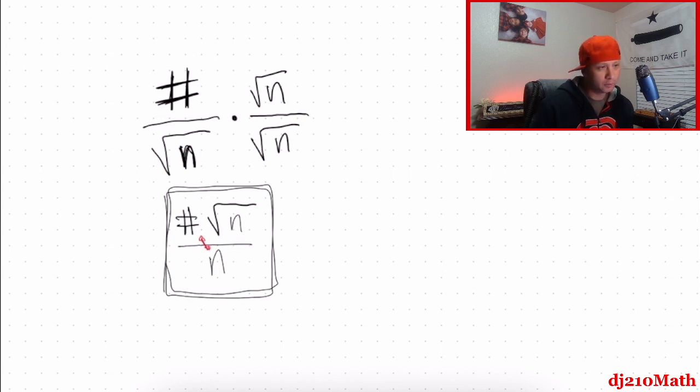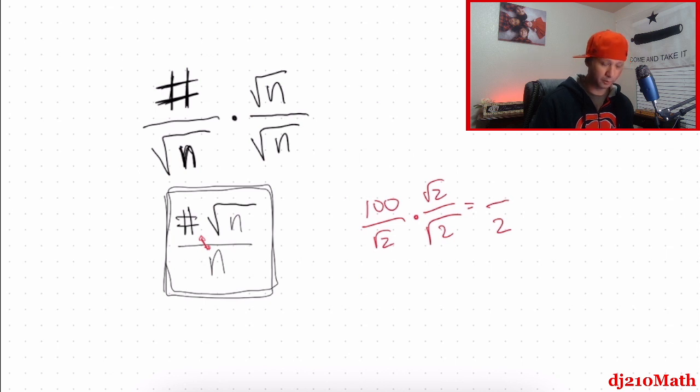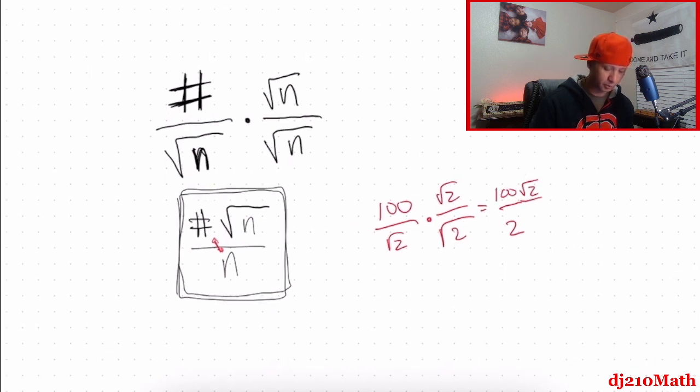Do I want to show you an example? That is the question. All right, so let's shoot from the hip. I'm going to divide 100 by root 2. So I know I need to multiply this by root 2 because that's what's in the denominator. And this is going to be 2, by design, 100 root 2.